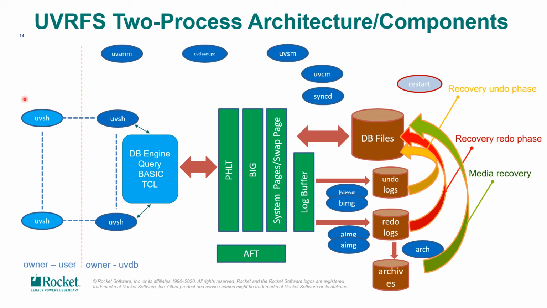And on the left side of this bar is the user space, and those processes are still owned by the individual users. And those two processes still have a one-on-one relationship, but we will talk about them. They're quite different in the UniData model.